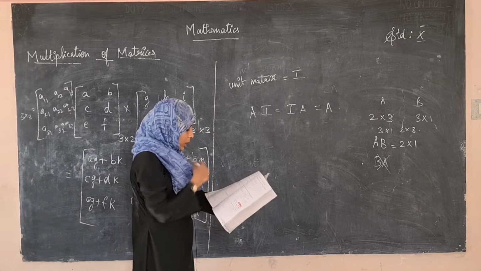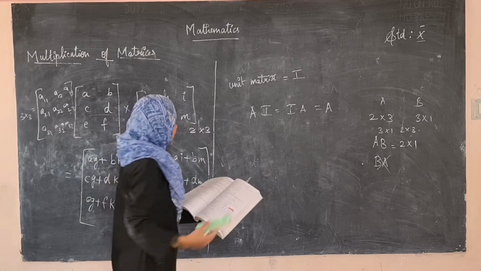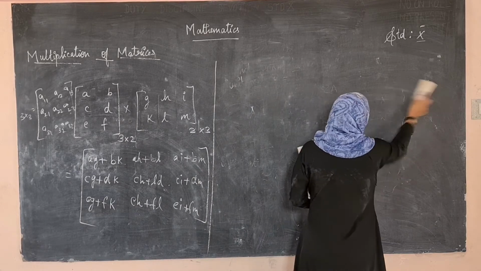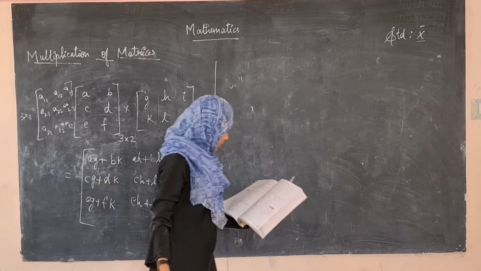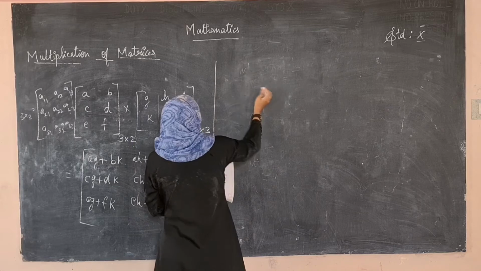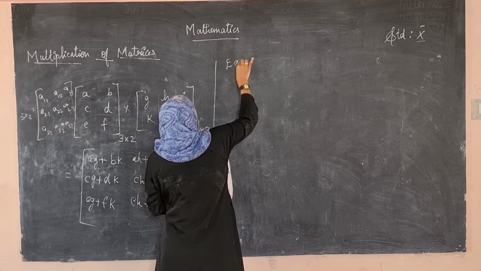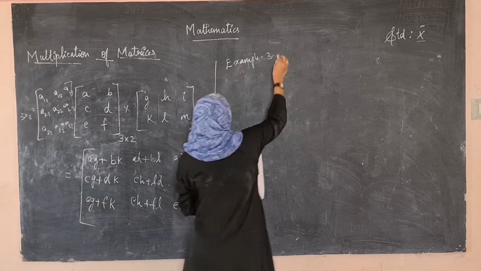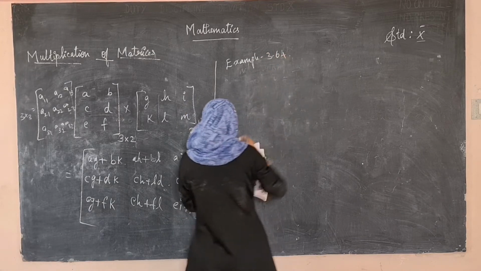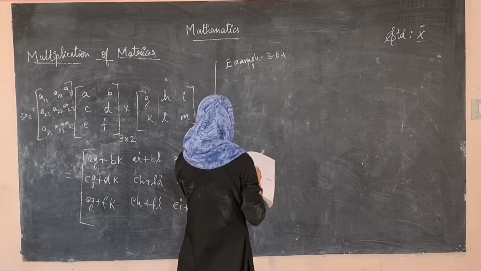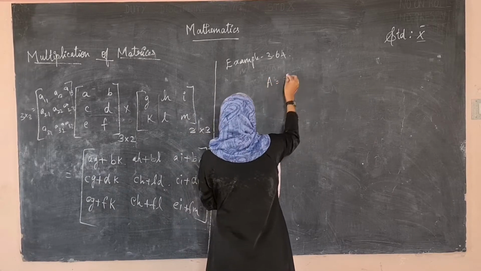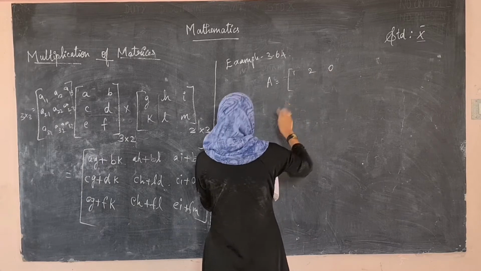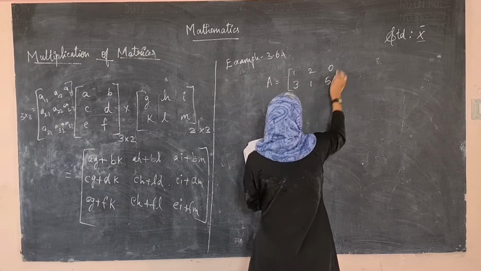Okay, now shall we move on to the example? See the first example, Example 3.64. They are given two matrices, A: 1, 2, 0, 3, 1, 5.